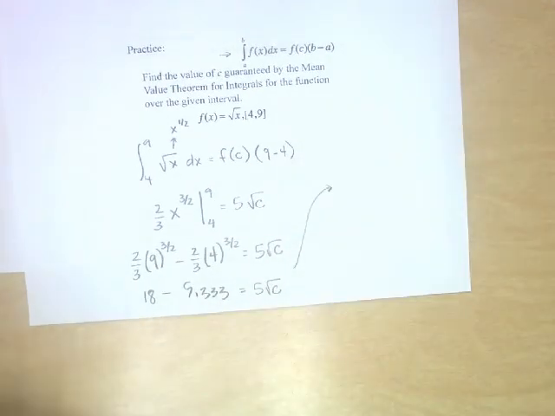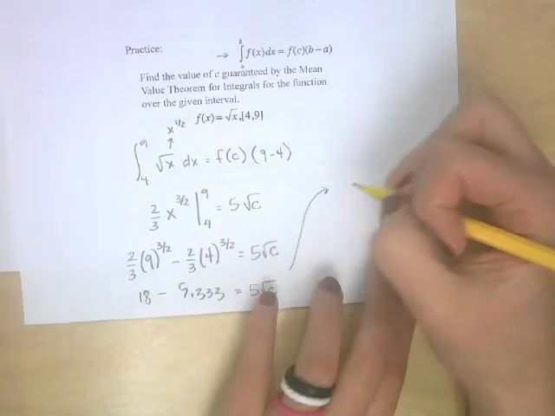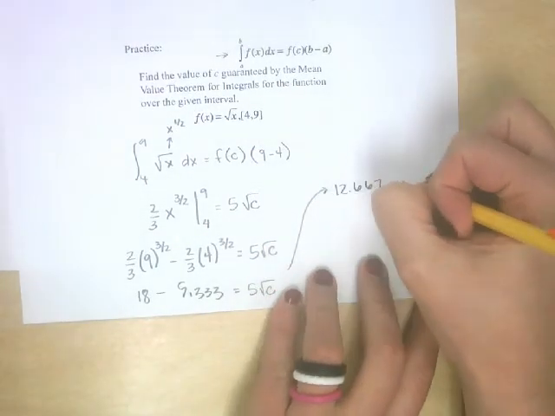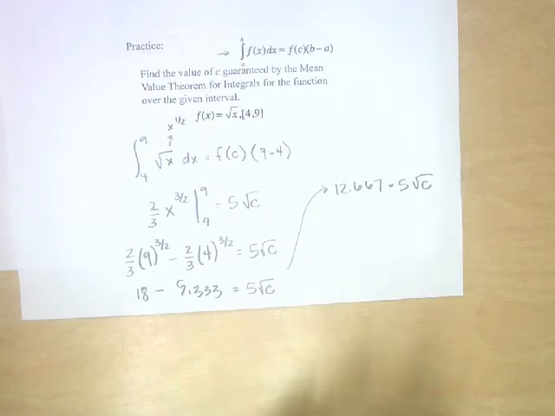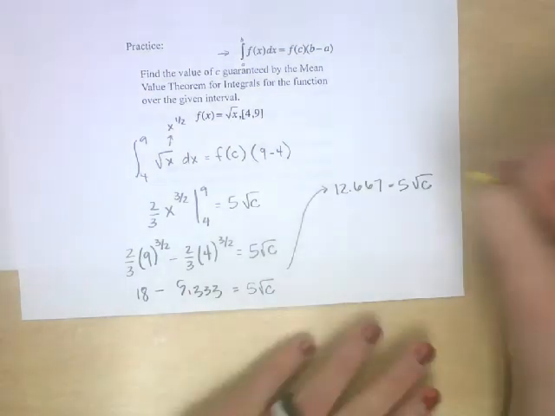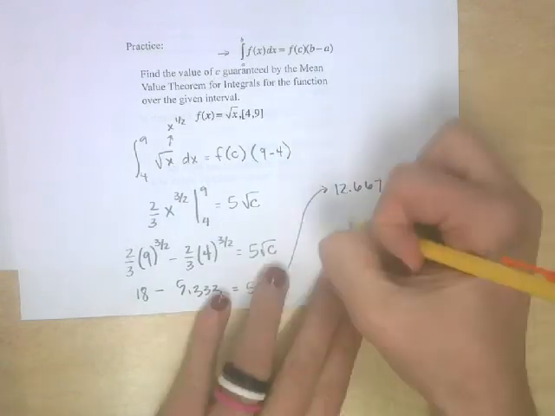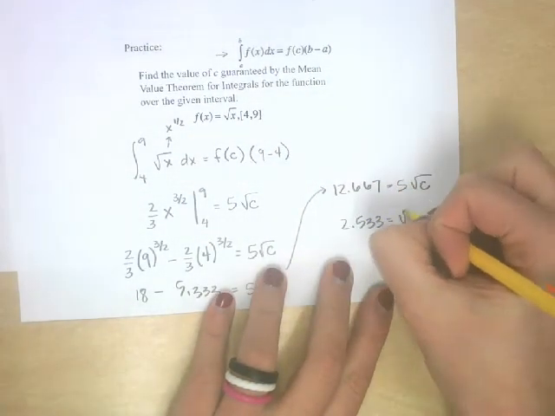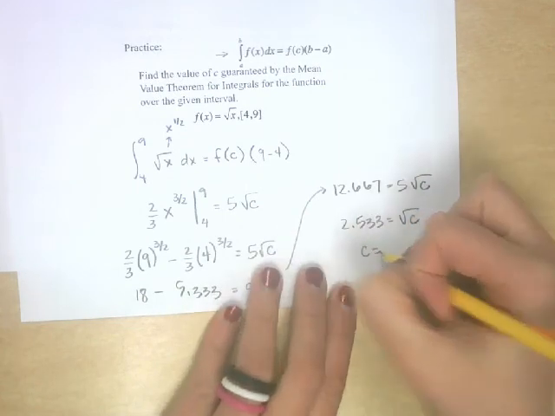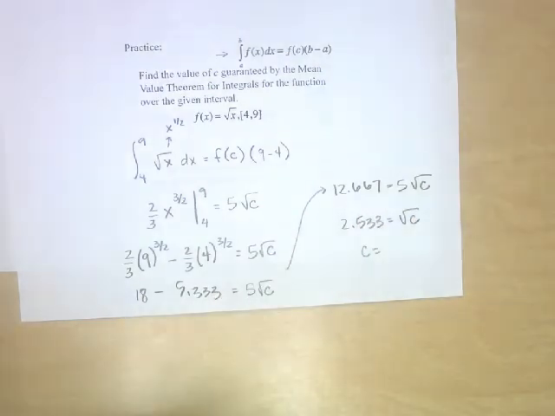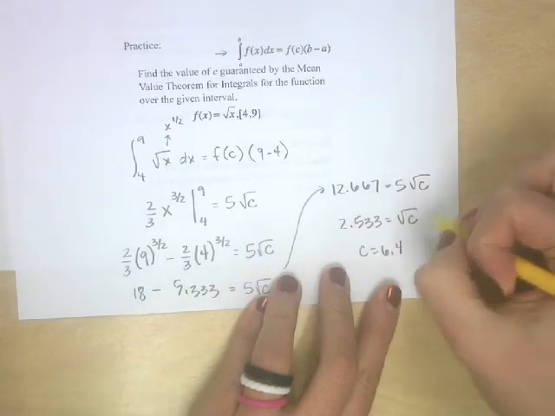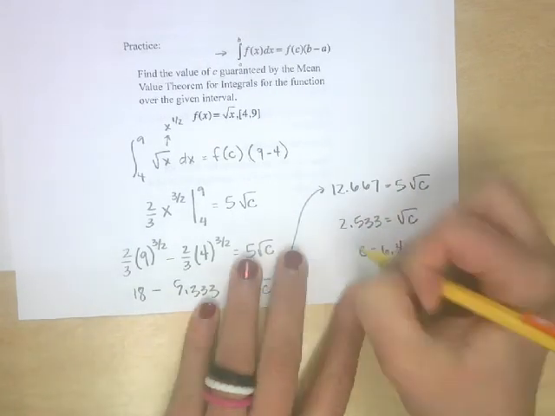So 18 minus 5.33 repeating gives me 12.667 equals 5 square root of c, and now we're just going to solve for c. I'm going to divide by 5, so that's 2.533. And then solving for c, I'm going to square that number, and I will get an answer of 6.418.